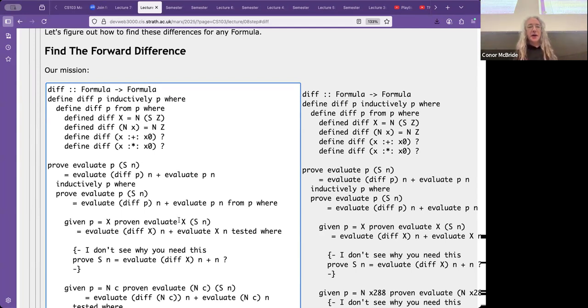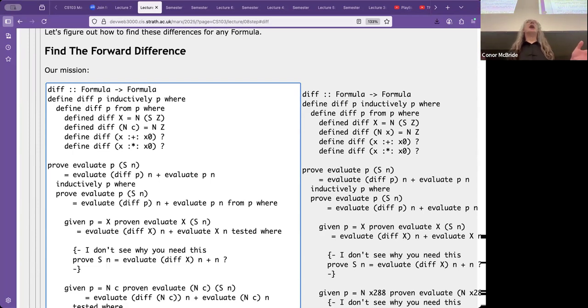So when the formula is a numerical constant, the difference had better be the particular numerical constant 0.